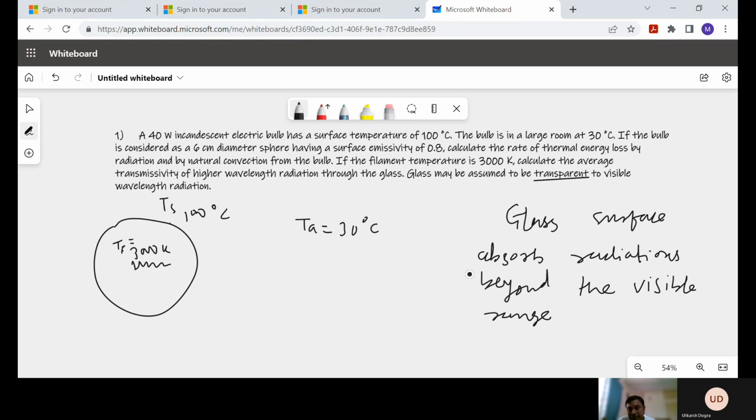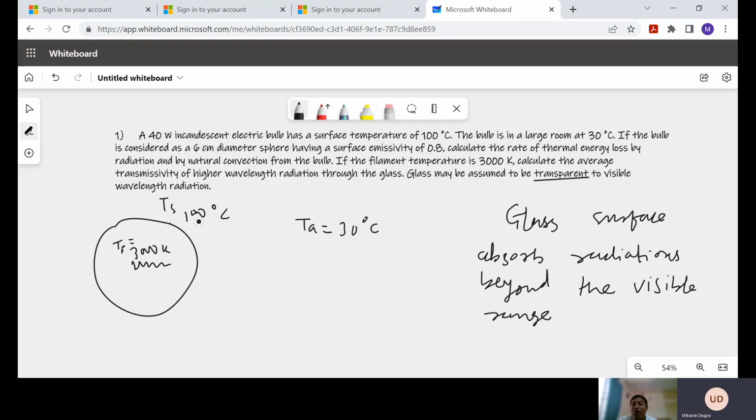Not all of that gets absorbed, only part of that. So a fraction of the radiation beyond the visible range gets absorbed at this glass surface, and therefore the temperature increases to 100 degrees. Do you agree with me?